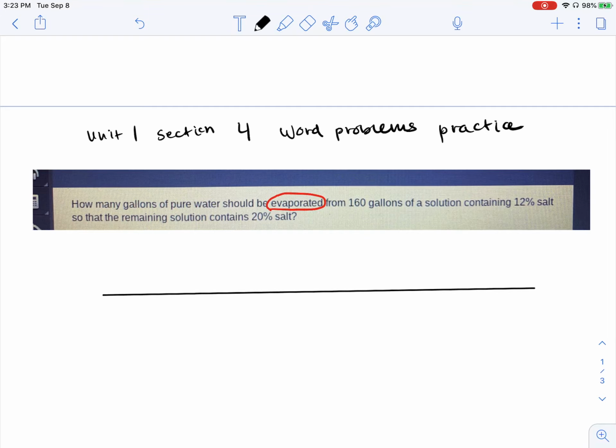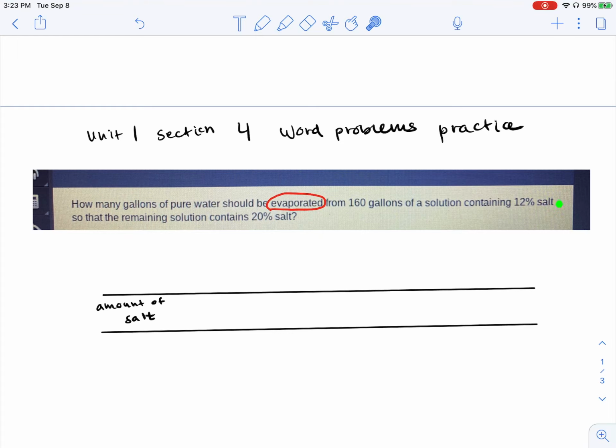So first, I'm noticing that our problem here calculates the amount of salt we have. You'll notice that it's used as a percentage, which might feel a little bit intimidating.